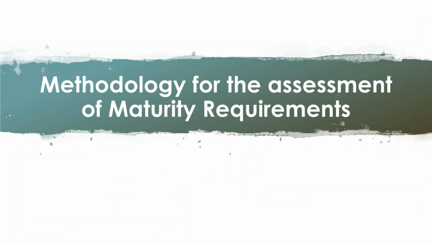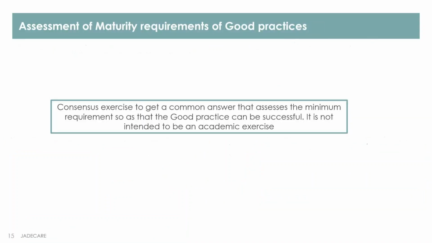And now going to the methodology for the assessment of maturity requirements. It is a consensus exercise to get a common answer that assesses the minimum requirement so that the good practice can be successful, and it is not intended to be an academic exercise.